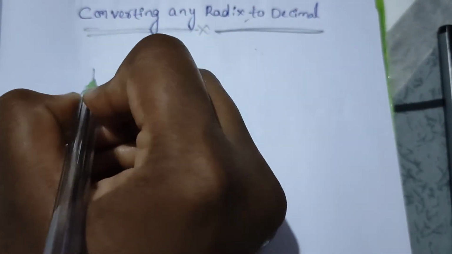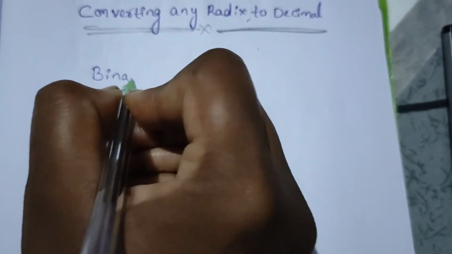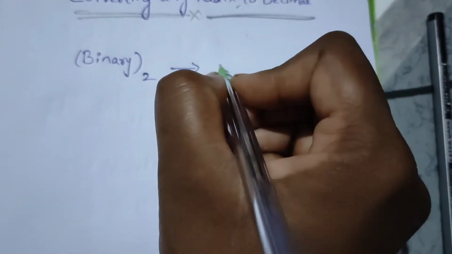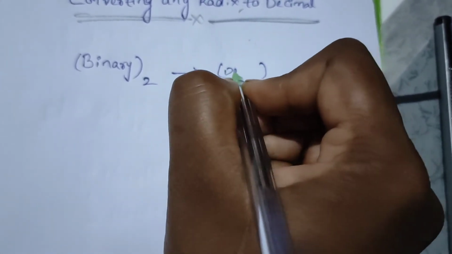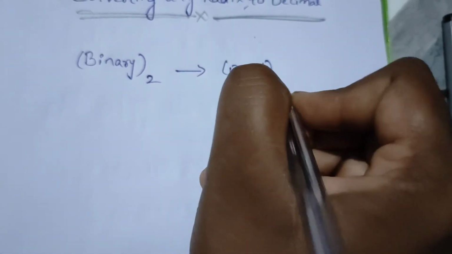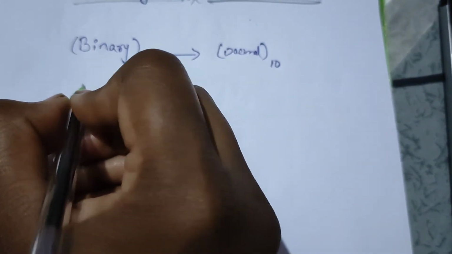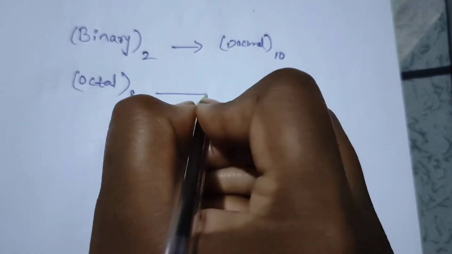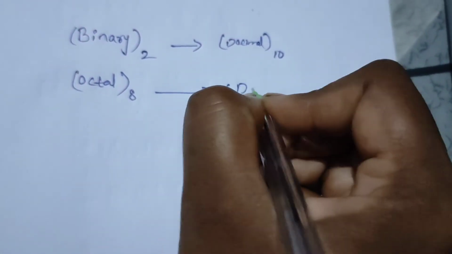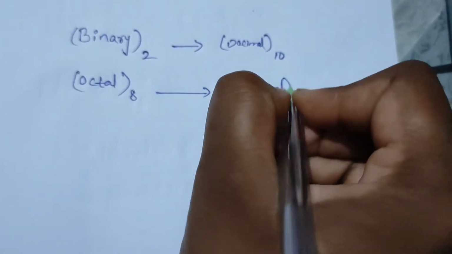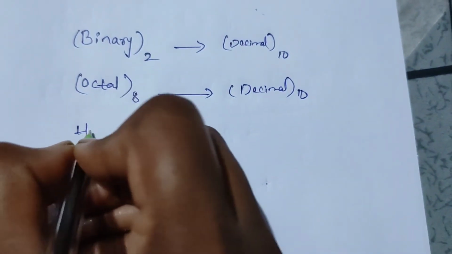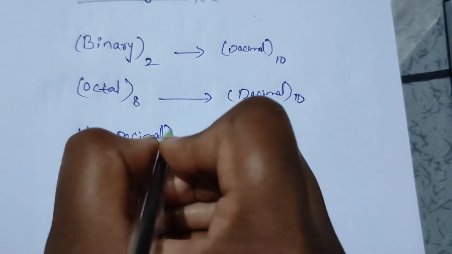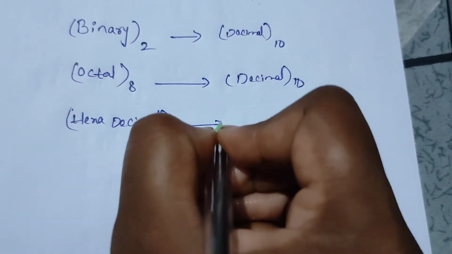So a binary number is having base 2, converting to decimal of base 10, converting octal which is having base 8 to decimal, converting hexadecimal to decimal.